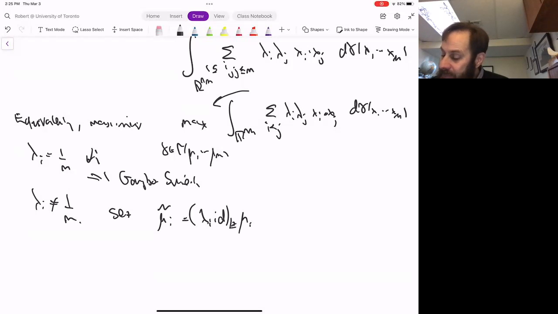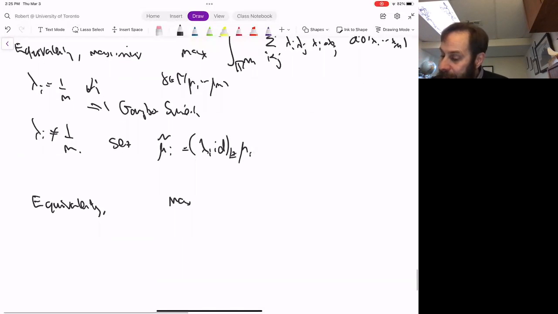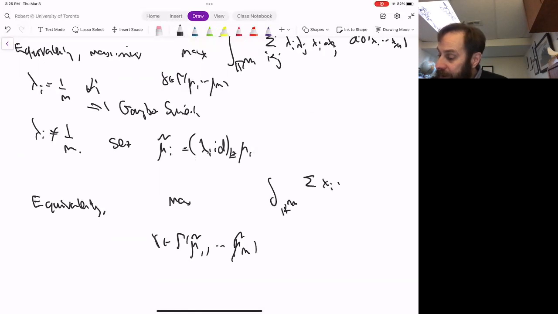And then it's equivalent to do the max over gamma in Gamma(mu_1 tilde up to mu_m tilde) of the integral over R^{nm} of the sum of xi dot xj, i less than j, d gamma. And that's the Gangbo-Swiech problem.